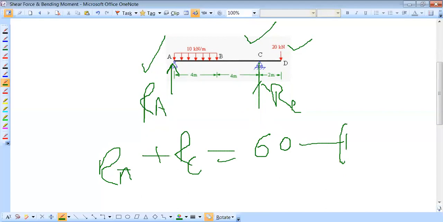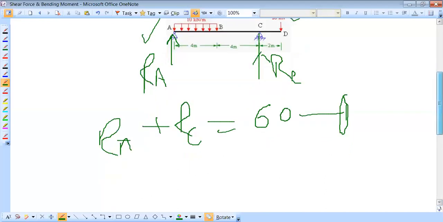Then we need another simple equation to find the values of RA and RC.